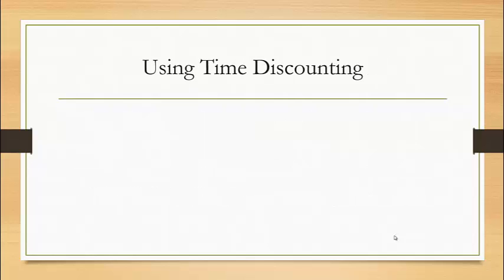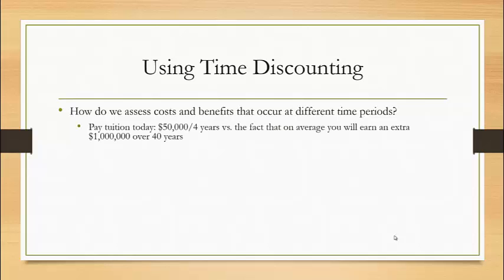Okay. The next thing that we're doing is using time discounting. So in the other example, we're using discounting to figure out the costs and benefits based on the probability that an outcome happens. With time discounting, we're trying to take into account the fact that costs and benefits occur at different time periods, and that a cost today is going to have a different value tomorrow.